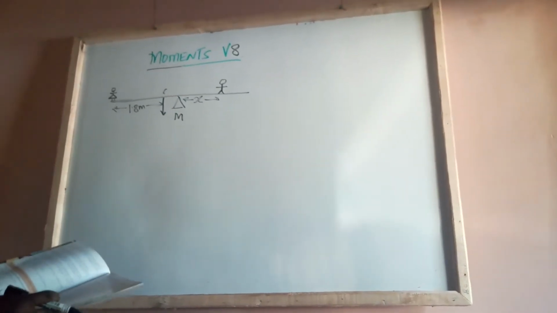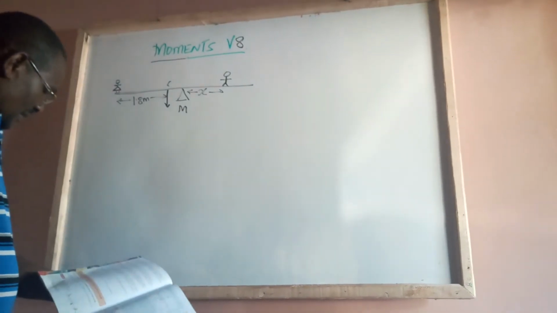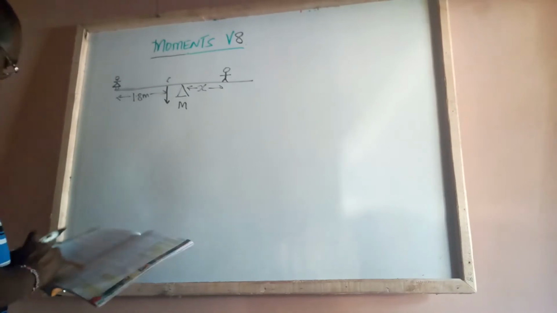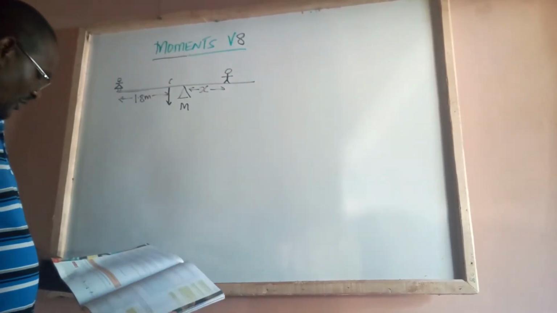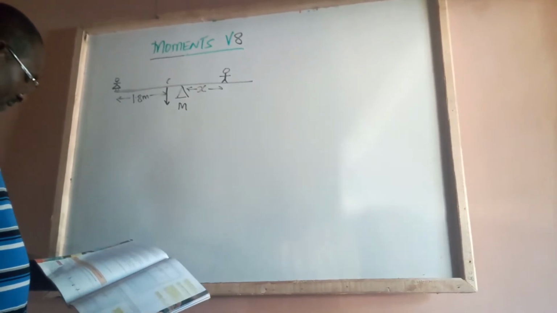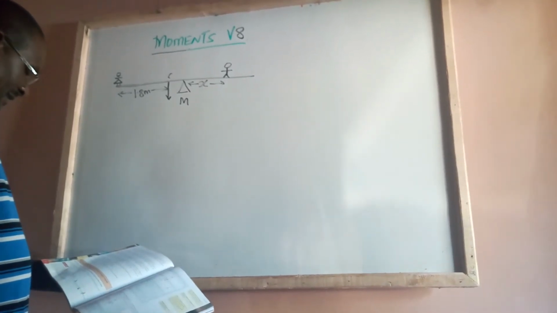So example 10. Sam and Tasneem are sitting on a non-uniform plank AB of mass 25 kg and length 4 meters.